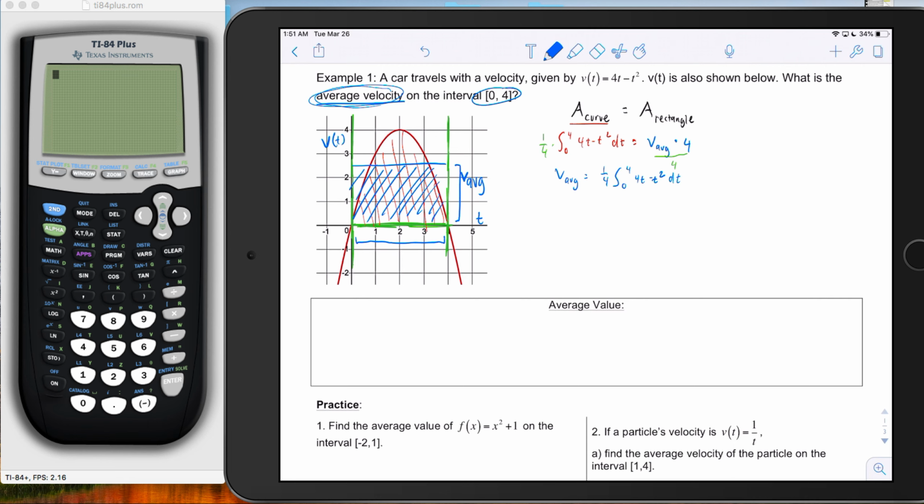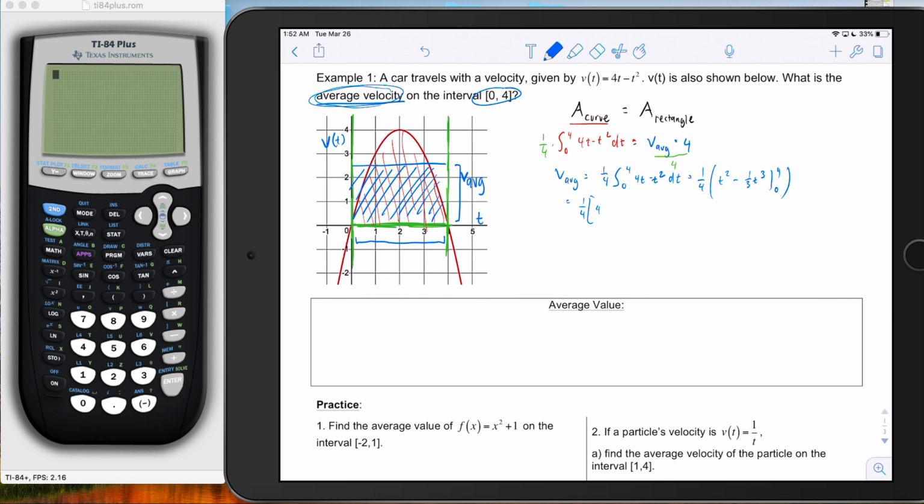And why don't we finish up the problem? So this is going to equal 1/4 times the integral, which would be t squared minus 1/3 t cubed, going from 0 to 4. And so that equals 1/4. Plug 4 in. Oh, I made a mistake.